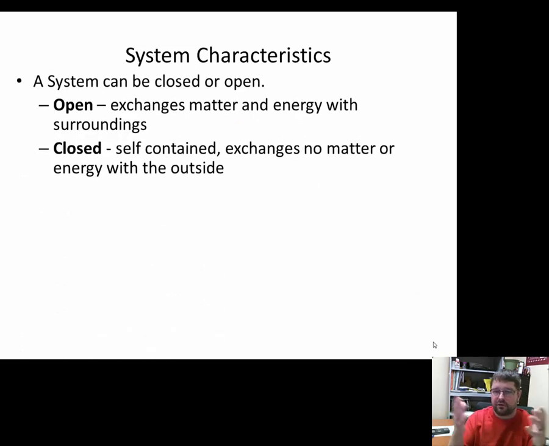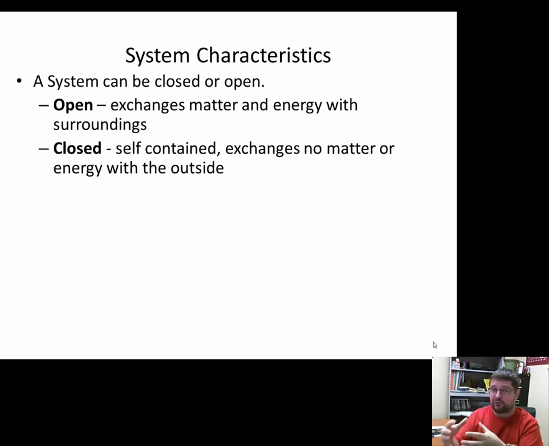So systems can either be closed or open. Open means that it exchanges matter or energy with the surroundings. Closed means it's self-contained, and that material is not exchanged with the outside. And we'll look at some of these systems. Most systems are open, but some systems have a big closed loop, and it's hard for material to get out of those loops because of situations that humans have made, but the system is still open.